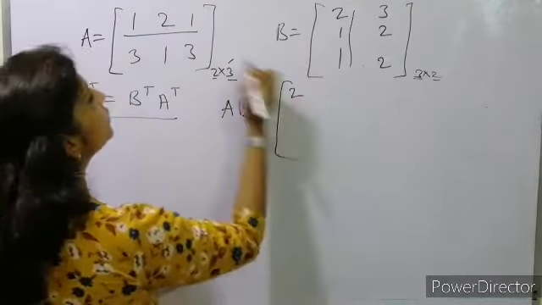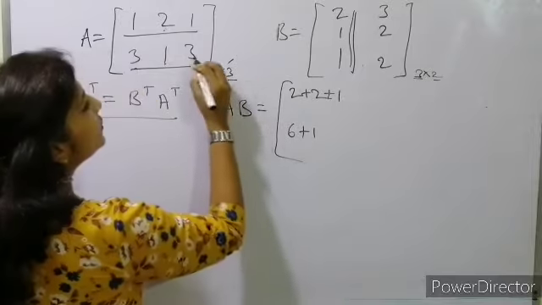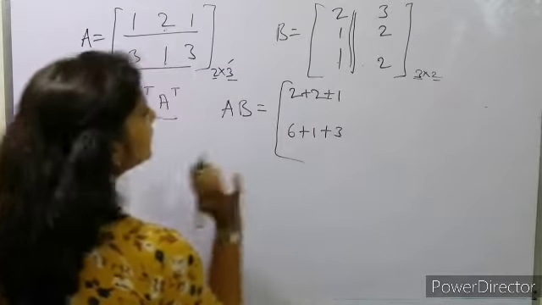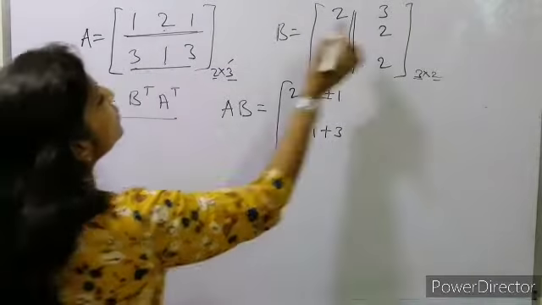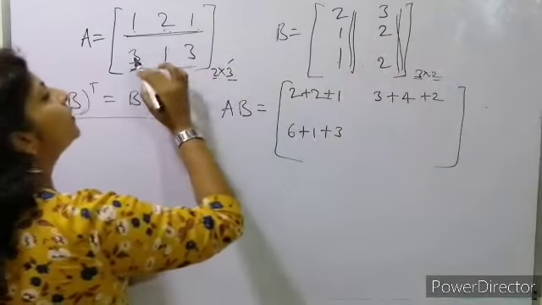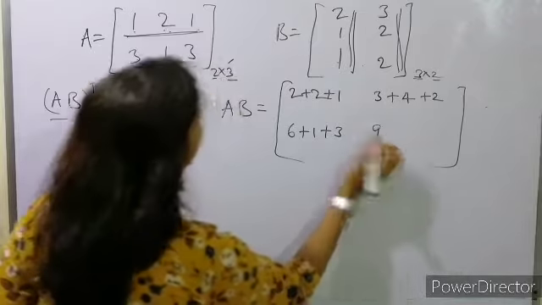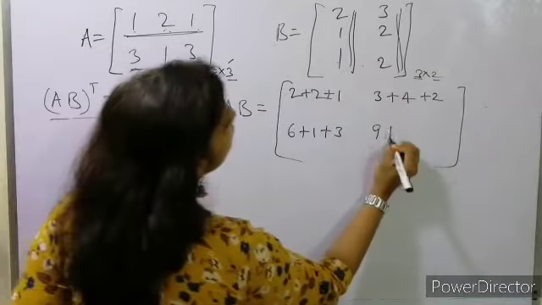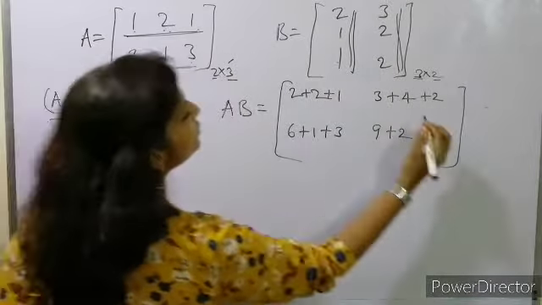Second row, first column: 3 into 2 is 6, 1 into 1 is 1, 3 into 1 is 3. First row, second column: 1 into 3 is 3, 2 into 2 is 4, 1 into 2 is 2. Last one, second row, second column: 3 into 3 is 9, 1 into 2 is 2, 3 into 2 is 6.